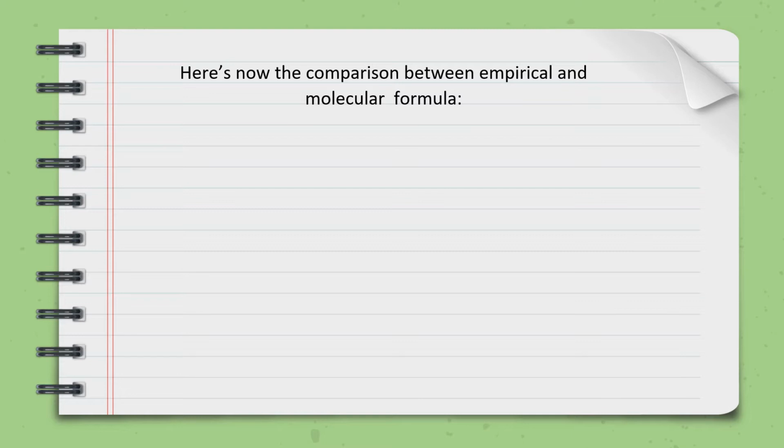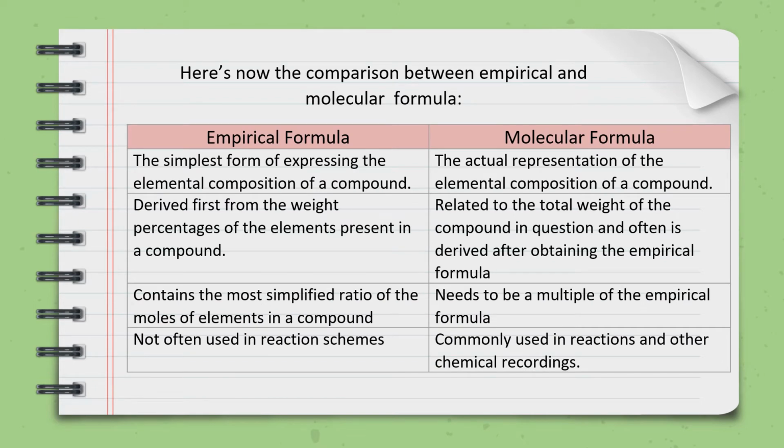But before that, let's try to compare first between empirical and molecular formula. The empirical formula is the simplest form of expressing the elemental composition of a compound. The molecular formula is the actual representation of the elemental composition of a compound. Empirical formula is derived first from the weight percentages of the element present in the compound, while molecular formula is related to the weight of the compound in question and often is derived after obtaining the empirical formula.